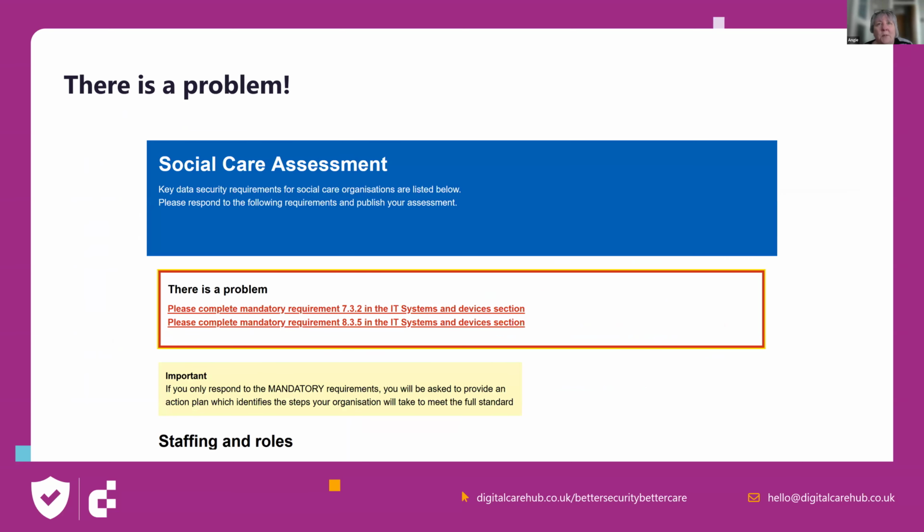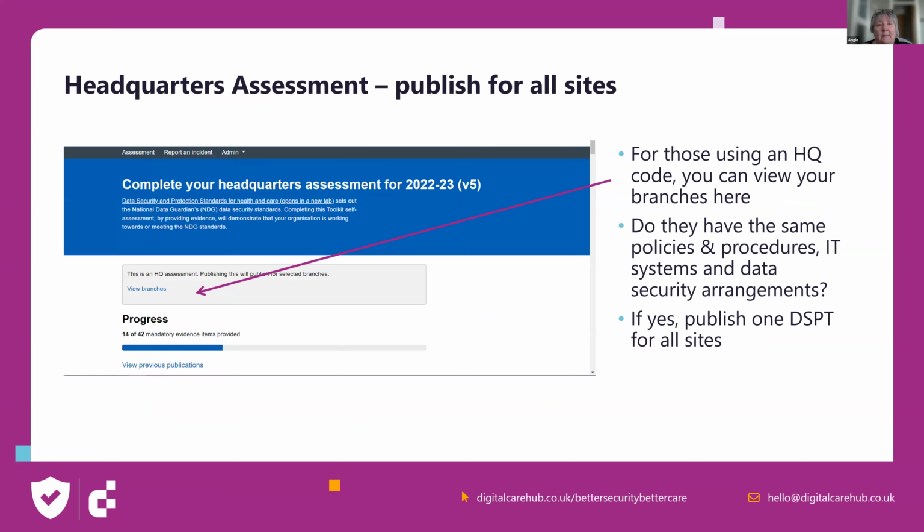If there's any problems, it will come up in red, as it always does, and it will show you that, in this scenario, there are 2 questions that need some attention. Okay, so it's nice and easy. You can just click on them and it'll take you directly to them, and then you can correct it, and then go back in and publish again.